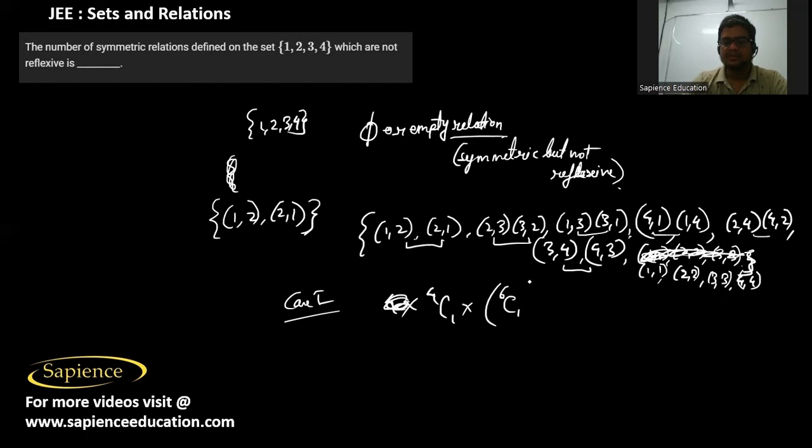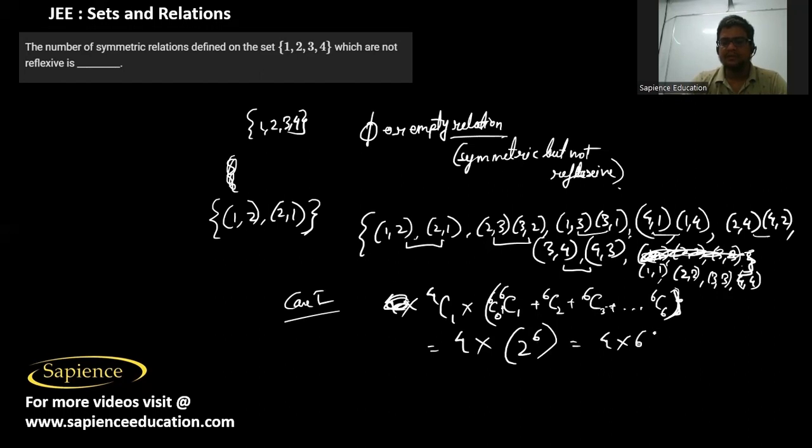Any one we can choose by 6C1 ways, or we can choose any two by 6C2 ways, or we can choose none of these pairs by 6C0 ways, and we can choose all of them by 6C6 ways. So this will be 2 power 6, which is 64.